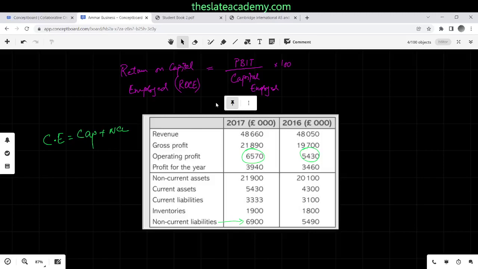Assets are equal to capital plus liabilities, so assets minus liabilities is equal to capital. For assets, I've got non-current and current assets; if I add these, I get total assets. For liabilities, I've got current liabilities and non-current liabilities; if I add these two, I will get total liabilities.